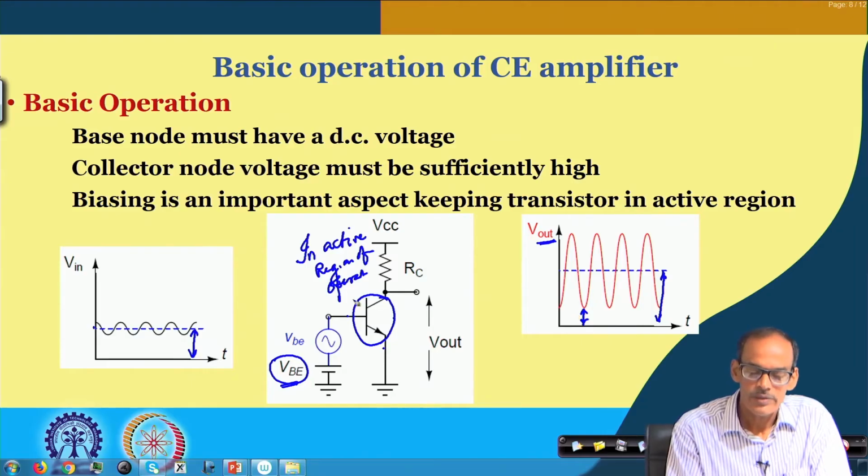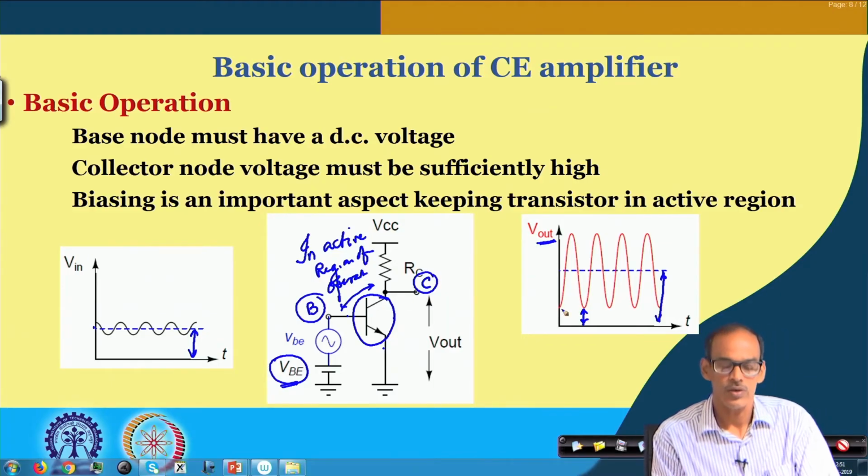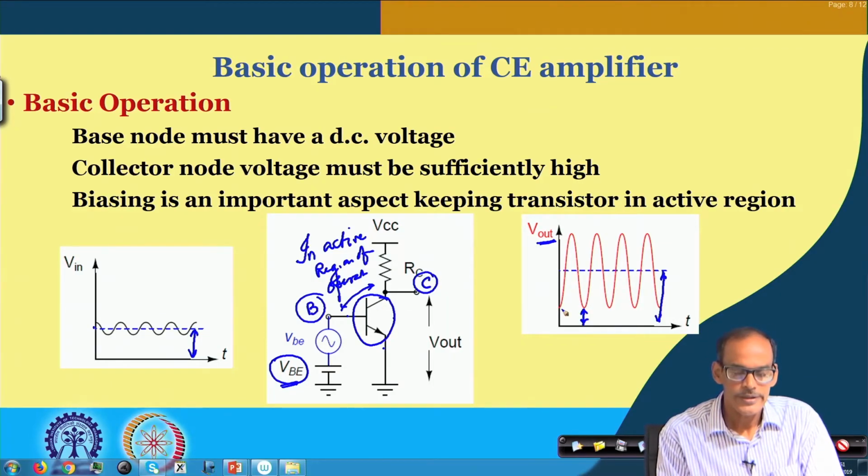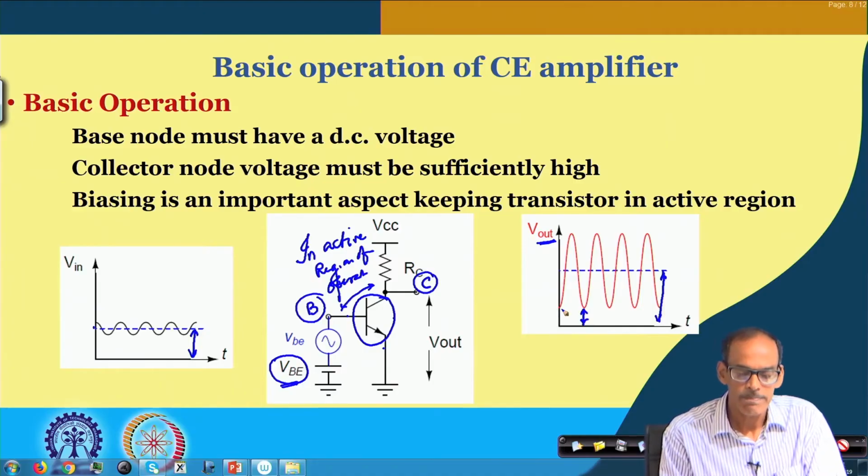Even then the base to collector junction should remain reverse biased. Otherwise, there will be huge distortion at the output. So, it is very important that the operating point remains constant, so that the gain remains constant.